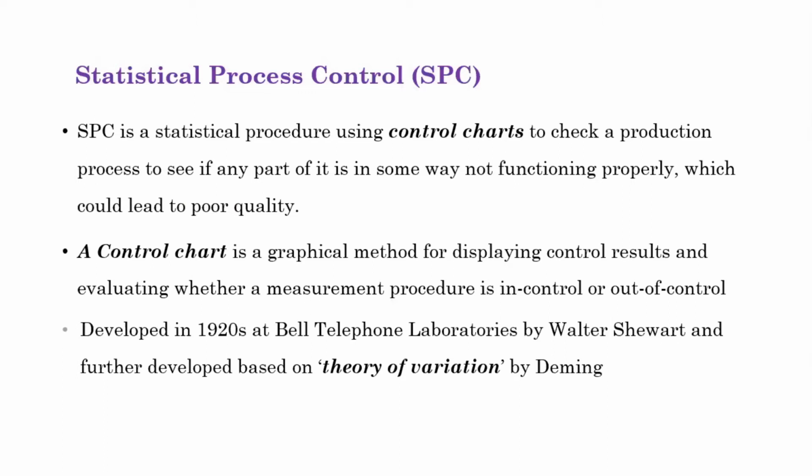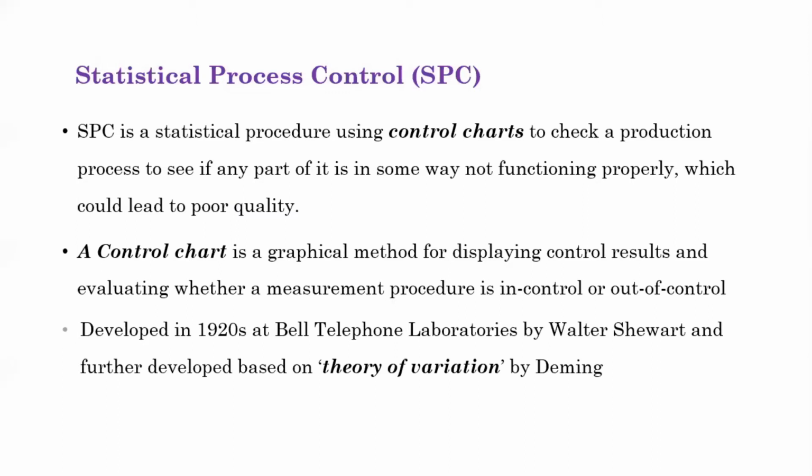So again, just like a histogram, the control charts would be used as a means of identifying whether there is a problem in the process or not. The control chart was developed by Walter Shewhart in the 1920s at Bell Laboratories.